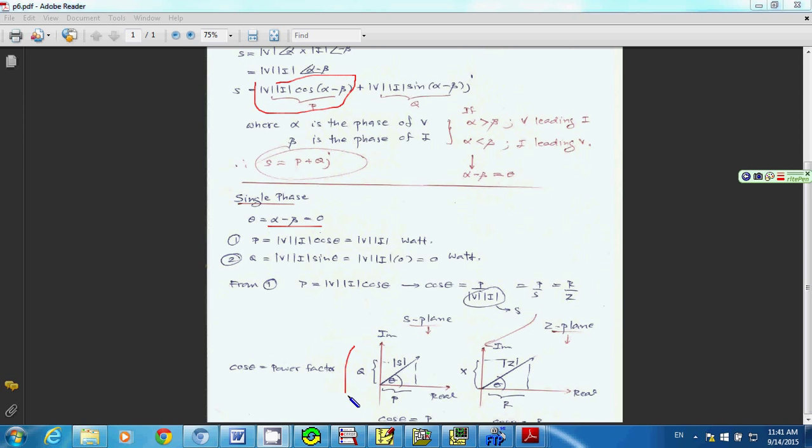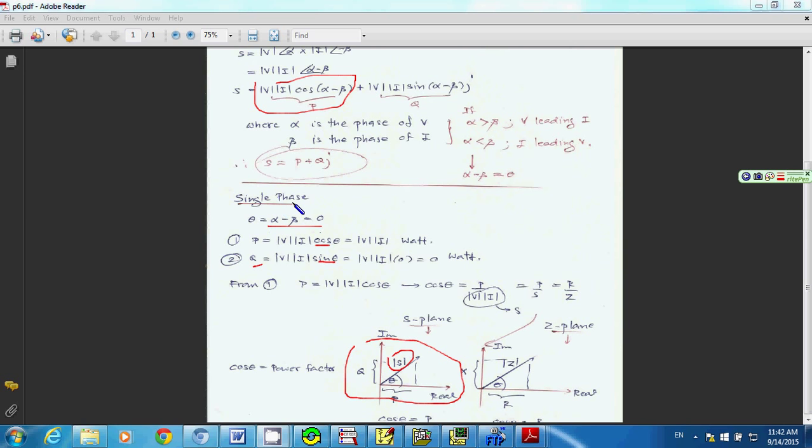Or simply you can just take a look at the diagram here. Your P equal to magnitude of S multiplied by cosine theta here. And the magnitude of S is simply the magnitude of voltage multiplied by the magnitude of the current. And your Q is equal to the magnitude of S multiplied by sine theta, right?